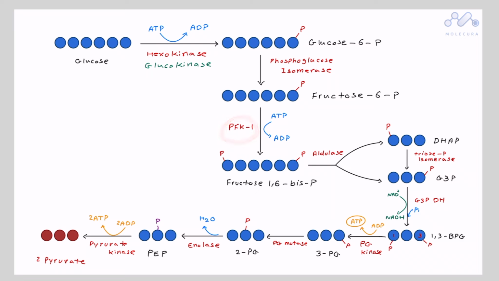This enzyme therefore is going to have two active sites. The first active site is going to be the reactant, which is fructose 6-phosphate, and the second one is going to be ATP. But this enzyme is also having 4 allosteric sites, which we will talk about in detail.